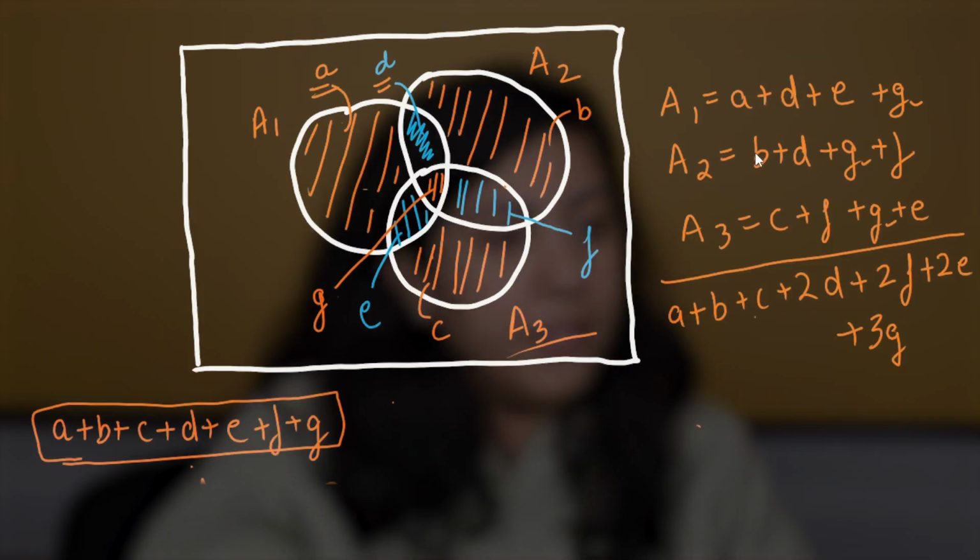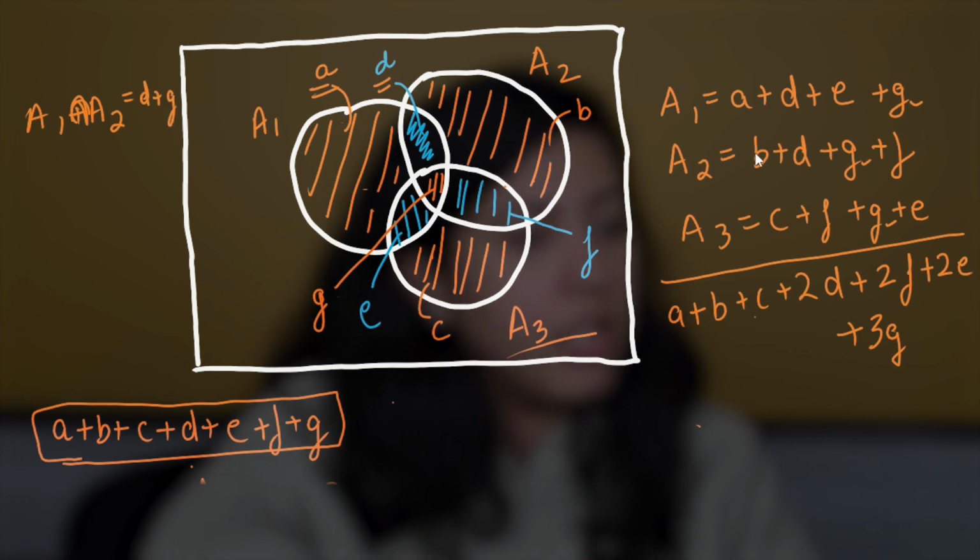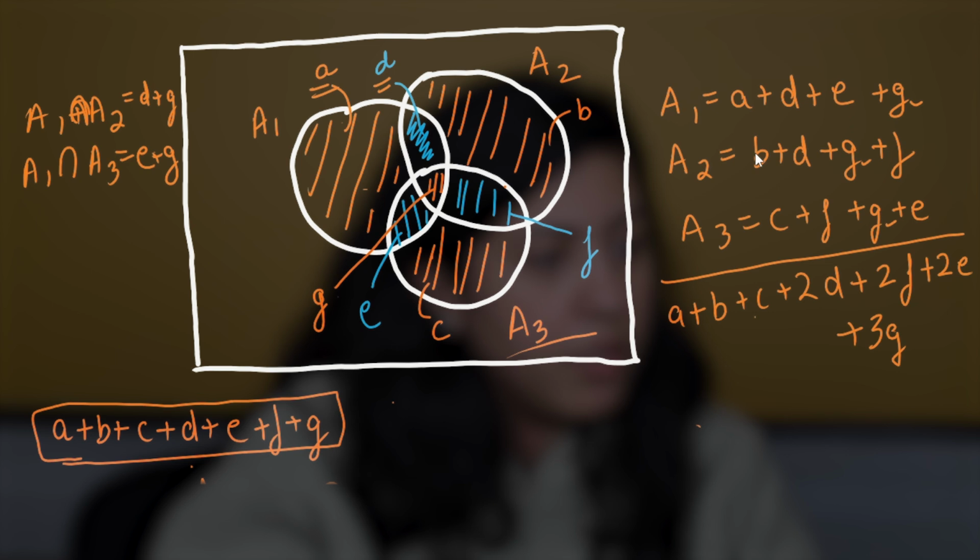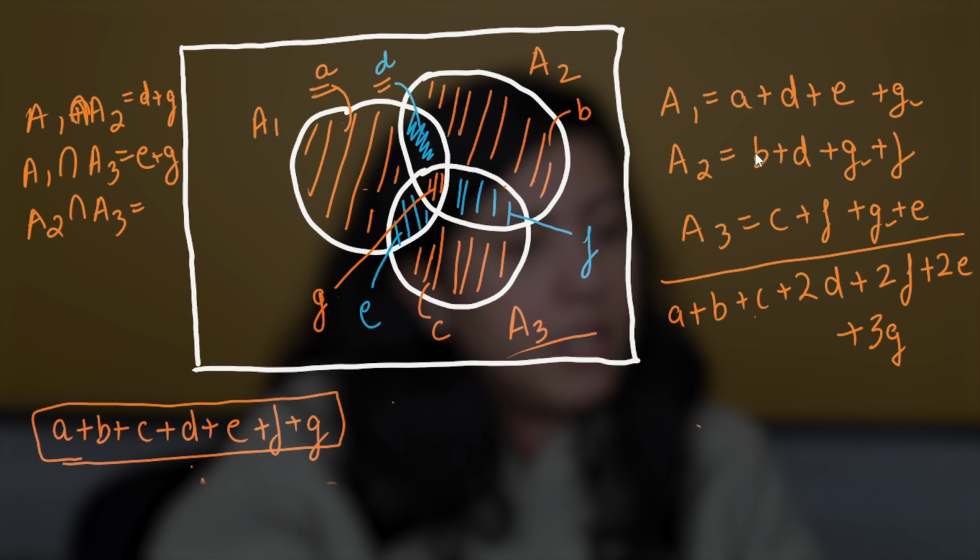If we see carefully, A1 intersection A2 is d plus g. Then A1 intersection A3 is equal to e plus g, and A2 intersection A3 is equal to f plus g.